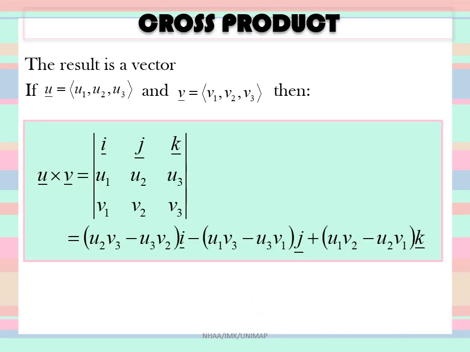Next, I will show you the second method of performing multiplication between two vectors. Alright, so that is cross product.